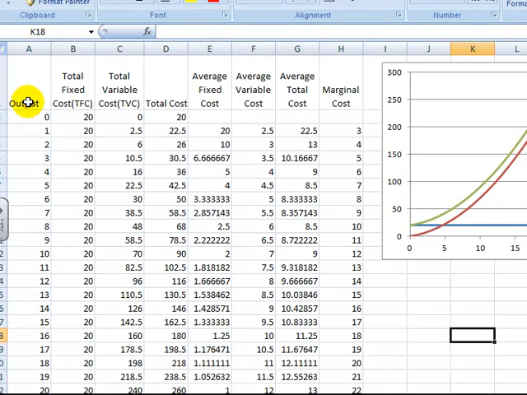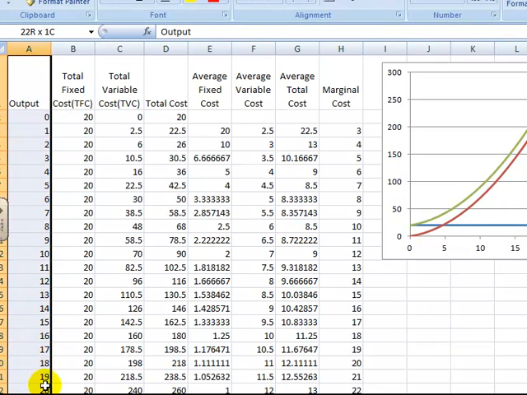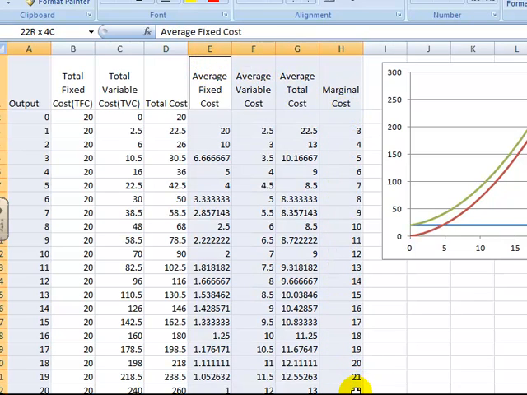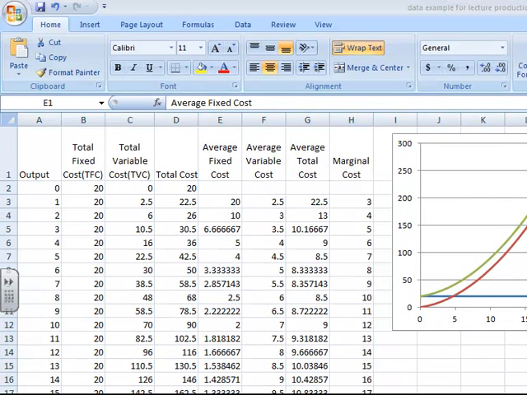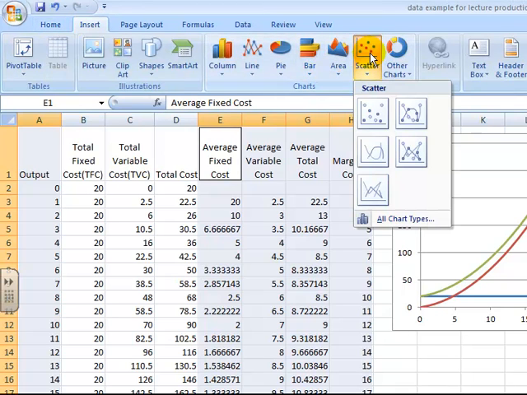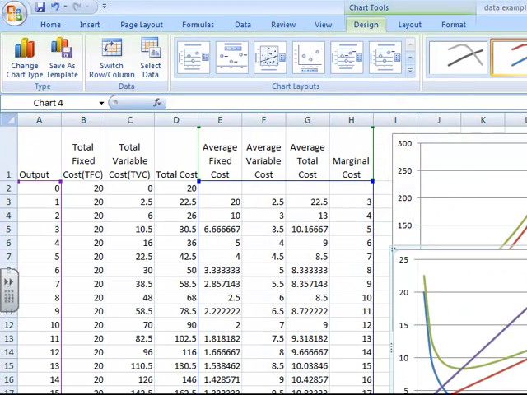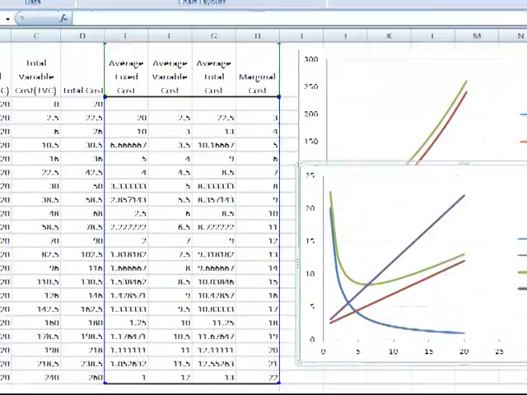Select the output, press the Control, then you can select them at the same time. Insert, scatters, curves, here we go.